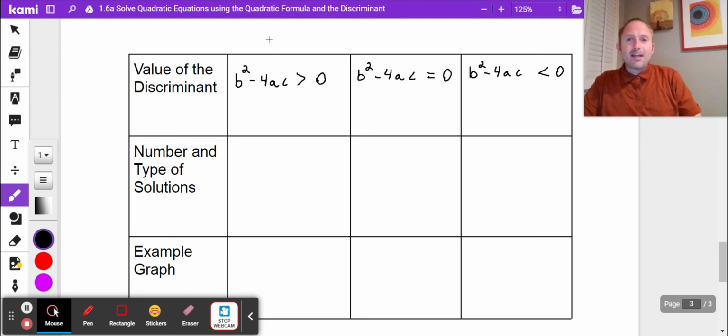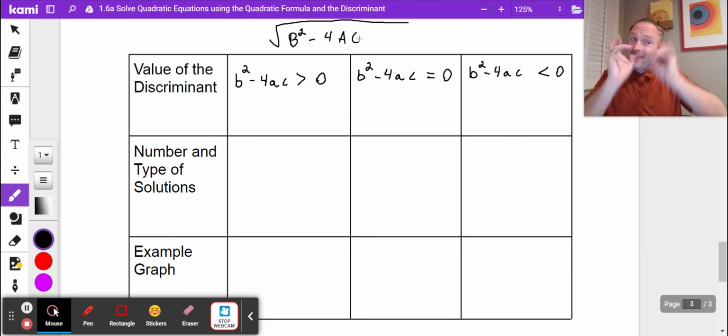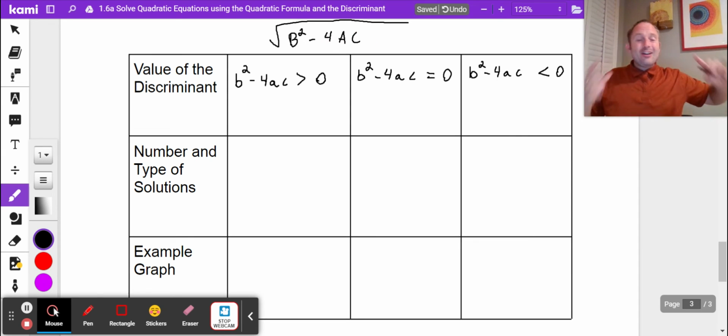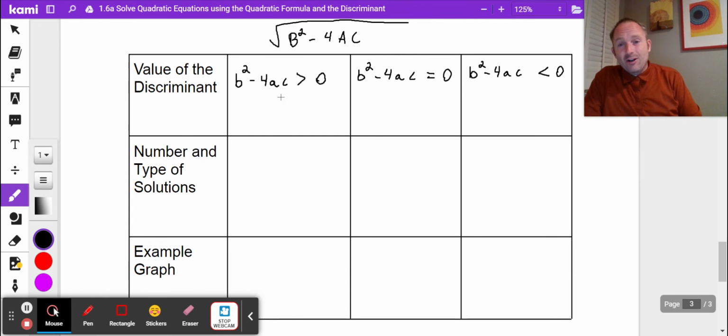This is where we have the square root of b squared minus 4ac. So if we just look at that right now, we can tell how many solutions it is and what the graph should look like. So if this discriminant is bigger than 0, meaning it's positive, it's going to have 2 solutions.